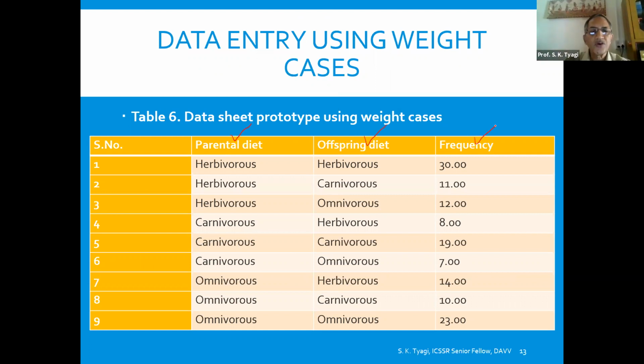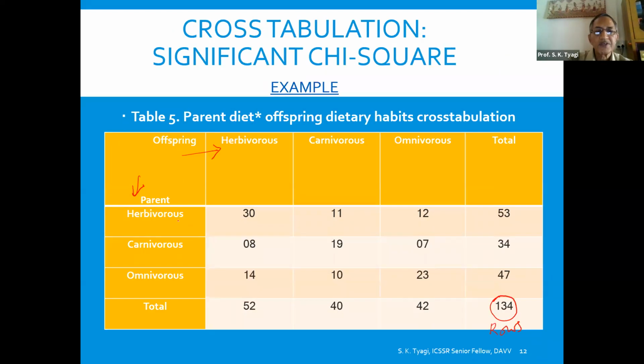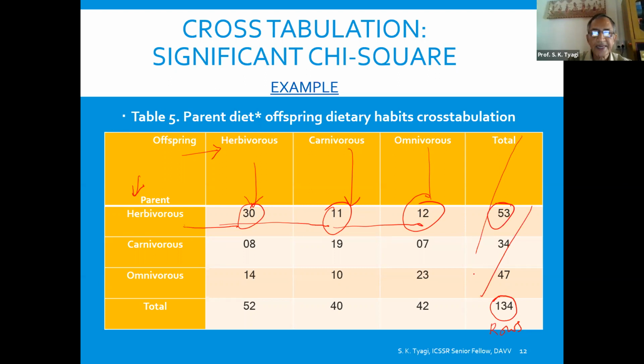So first is herbivorous parent, herbivorous offspring, 30. Herbivorous parent, carnivorous offspring, 11. Herbivorous parent, omnivorous offspring, 12. Total 53, total we did not take care of.